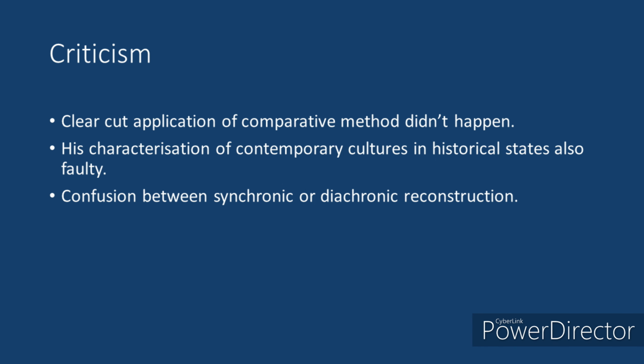According to him, such placing of one culture into one stage was not done perfectly. He is also not clear what basis he is using to place them. So that is also something wrong. The authors who came after Morgan did not accept the placing.